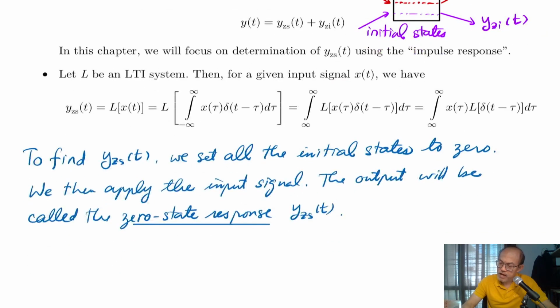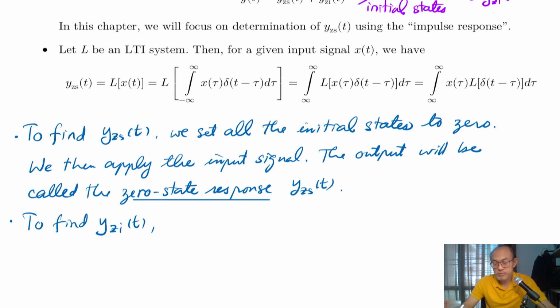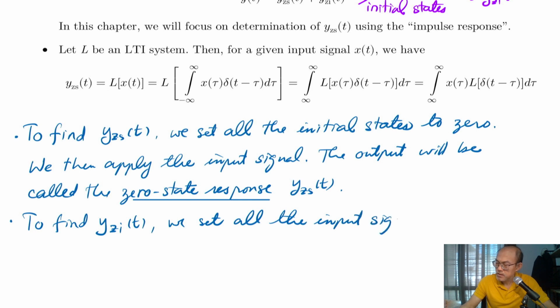So to find the zero input response, what we do is set all the input signals to 0.